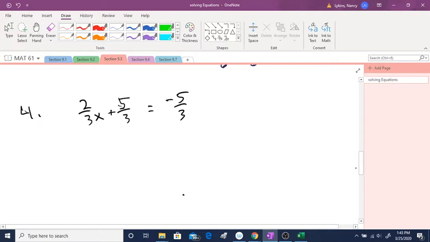Okay, guys, so now we have a fraction, and like I've said before, students tend to shut down when we see fractions.